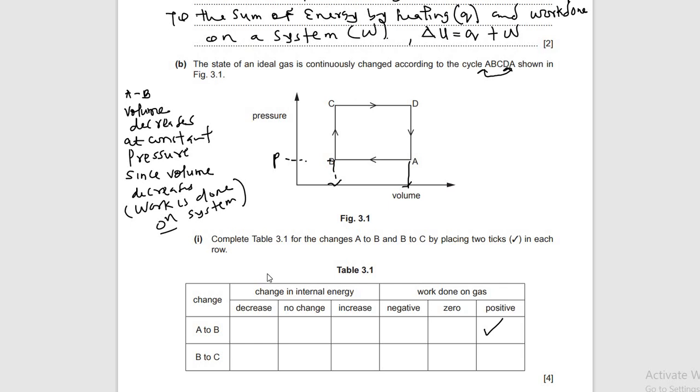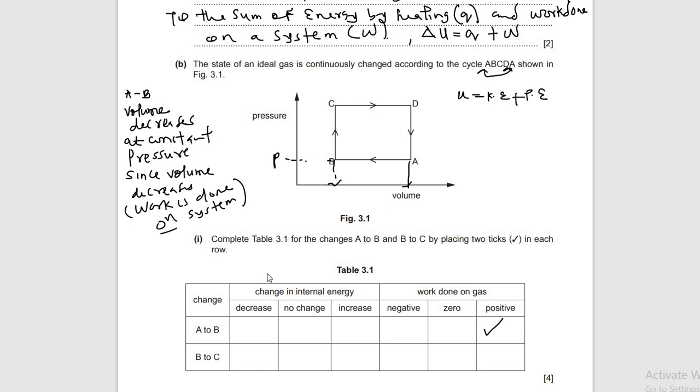What about change in internal energy? Since work done is positive, don't let that confuse you. Let's see what will happen to internal energy. Remember that the volume is decreasing. Internal energy is the sum of random kinetic and potential energy.